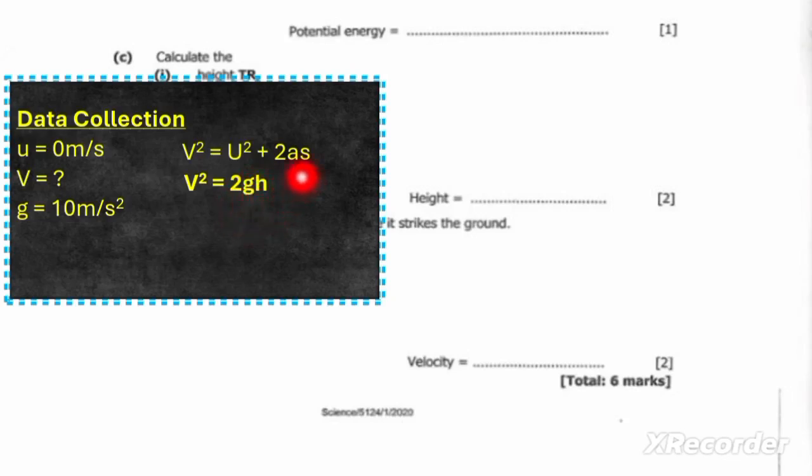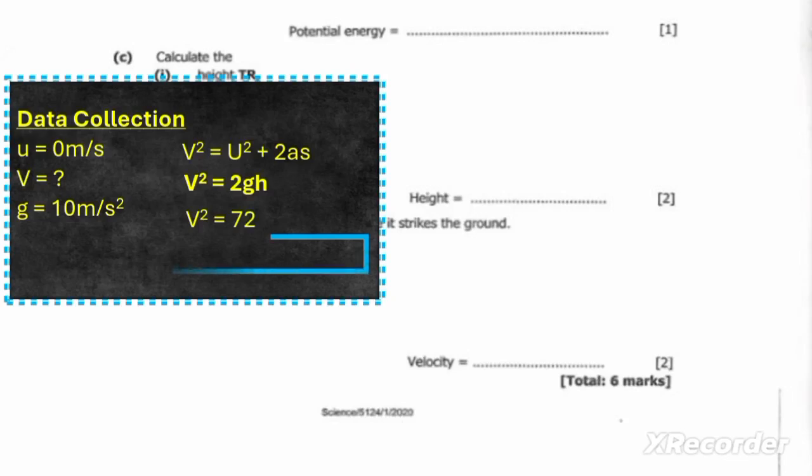And the acceleration in the vertical axis is the gravitational field strength, or acceleration due to gravity. So no wonder we have written g here. g represents acceleration, then h represents distance.